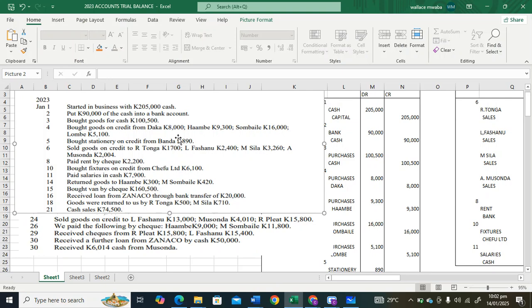Yes, so debit rent, credit bank. Wonderful.